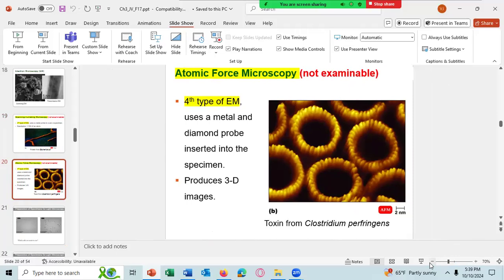And then this is the fourth type of microscope. You will not be examined on it. It is the fourth type of electron microscope. It uses a metal and diamond probe inserted into the specimen. It produces a 3D image of an object. Here we're looking at the toxin from Clostridium perfringens.